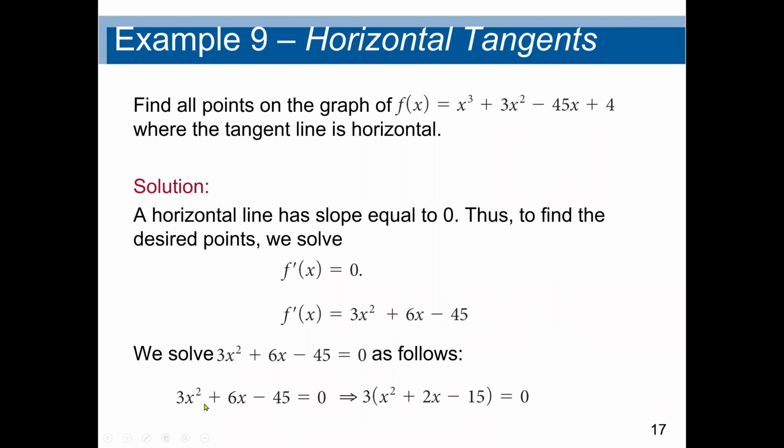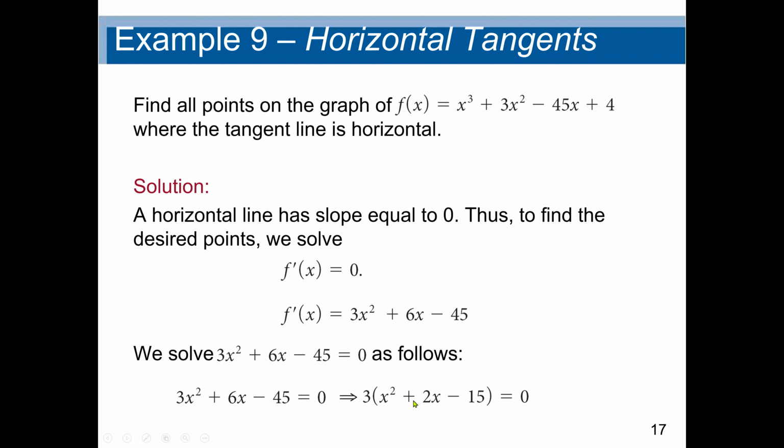So here we decided to factorize it. 3 is common. We take 3 out. Then we have x squared plus 2x minus 15. Let's see if we can get two values that when we multiply, we get minus 15, and when we combine, we get plus 2. I think it will be 3 and 5.